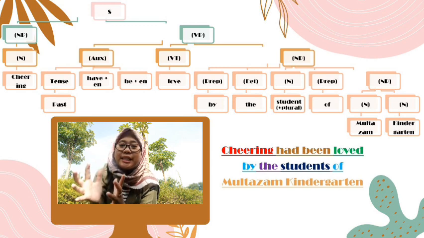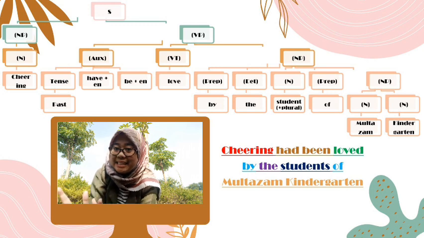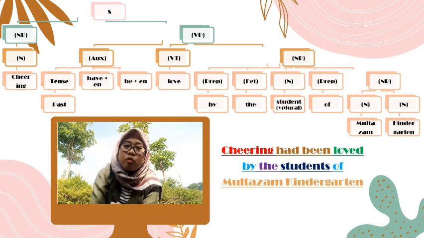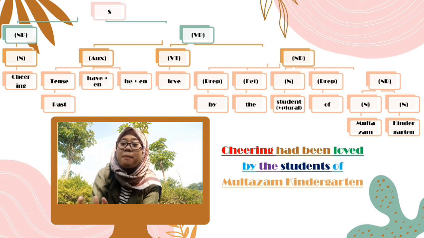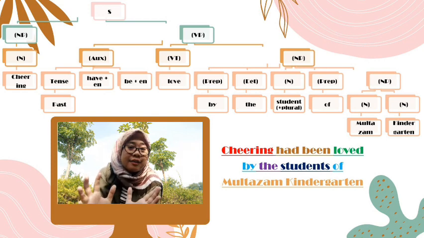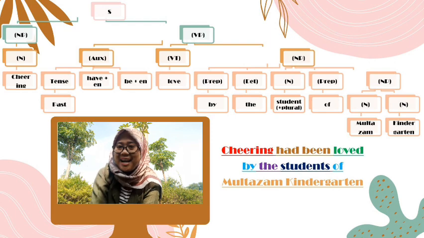So the verb used is the past participle verb. Because we already put past in the part of tense, we just put the have plus en. Have plus en shows the past participle verb. Also the be plus en is the irregular verb form of be. Then we have the VT verb love without adding a d behind.